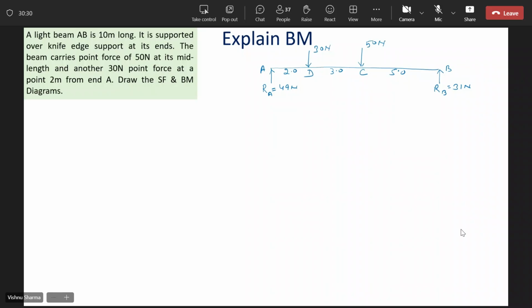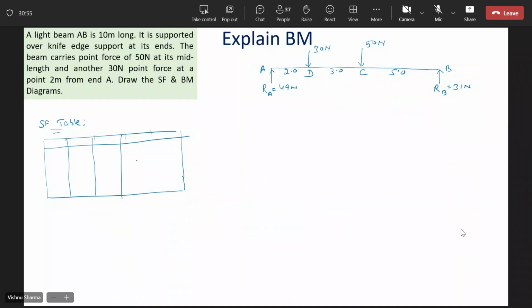Then we made the SF table for these points. Let me make the SF table quickly, it will not take time. We made the SF table for 4 points, guys. We put the SF units here.